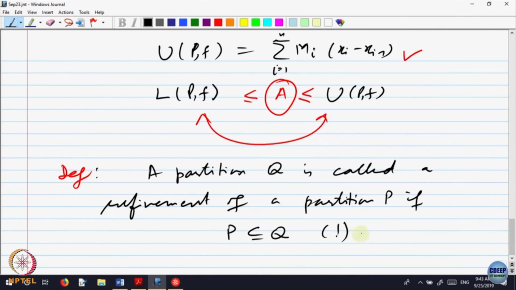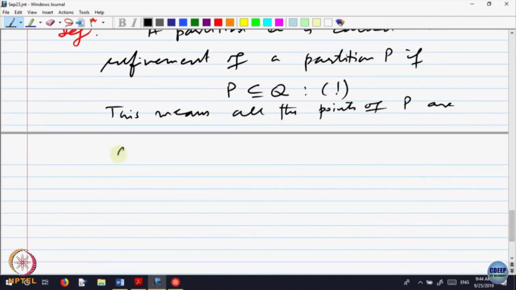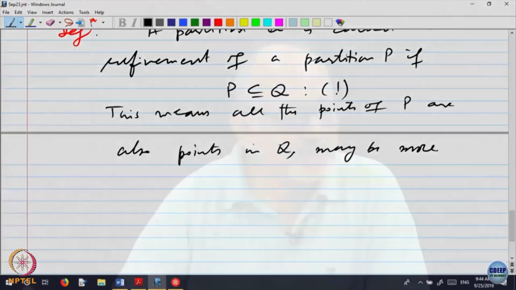It means all the points of P are also points in Q, maybe some more. So all the points in the partition P are also points in the partition Q, but Q may have some additional points, right?